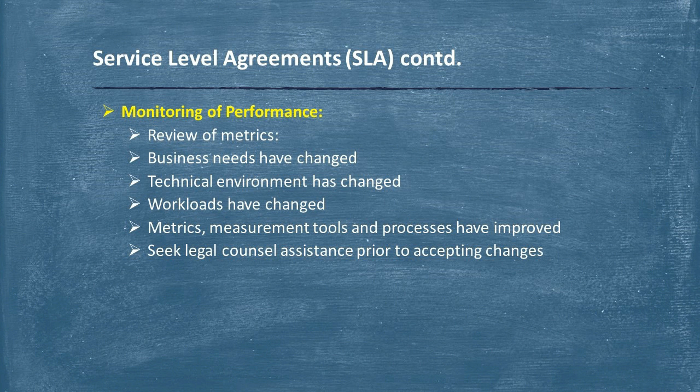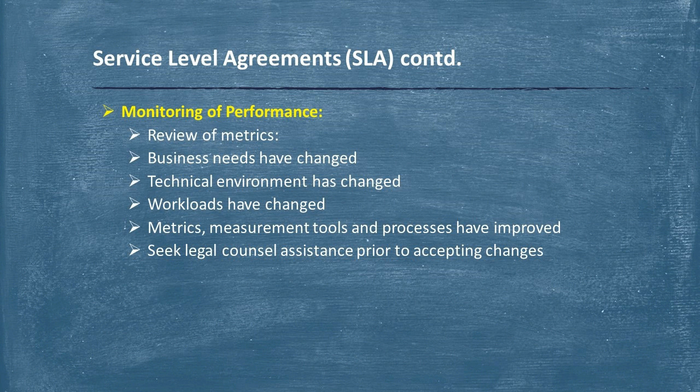And a regular review of the metrics is needed, because the business might have changed. They might have added a new location or a new product. So accordingly the change has to be reflected, and the technical environment might have changed. Once you review these metrics, you will understand these facts, and accordingly a modification is done.